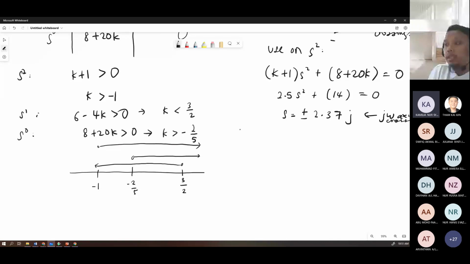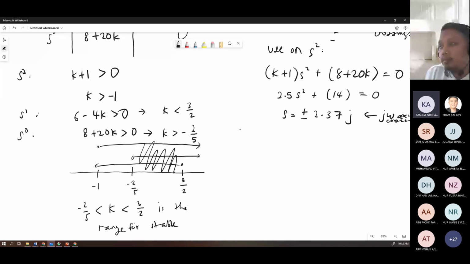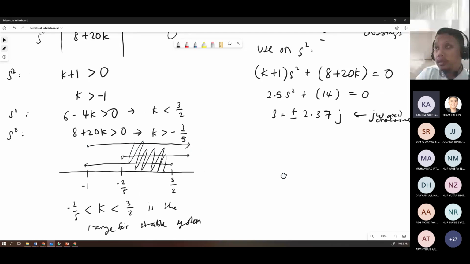So the only range that all of the garis nombor intersect is this range. So K between minus 2 over 5 until 3 over 2 is the range for a stable system. Okay. So this you have learned from Routh-Hurwitz criteria. It's just for you to refresh what you have learned.